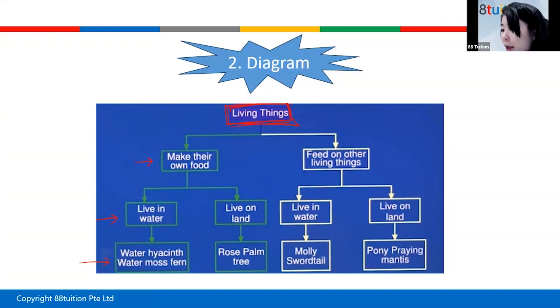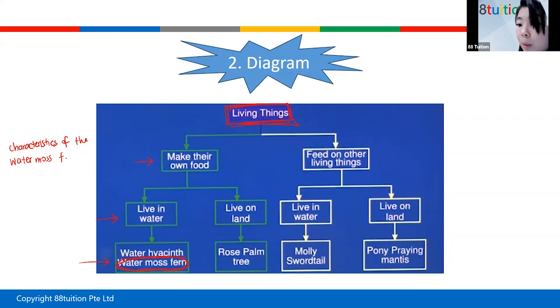For example, if I look at the water moss fern, I will be able to know the different characteristics of the water moss fern based on the information from the diagram. If the teacher asks, name the characteristics, remember characteristics are properties, of the water moss fern.